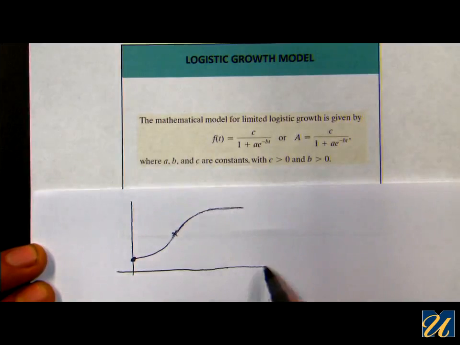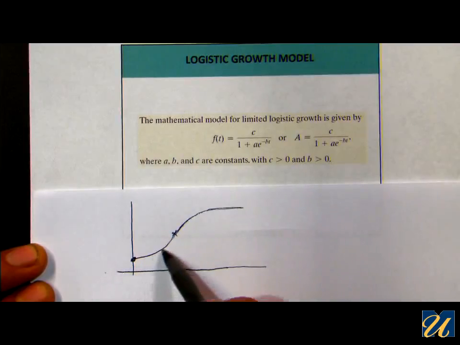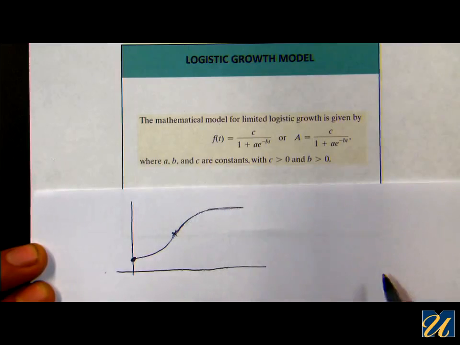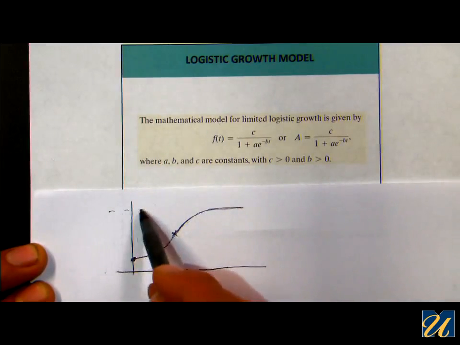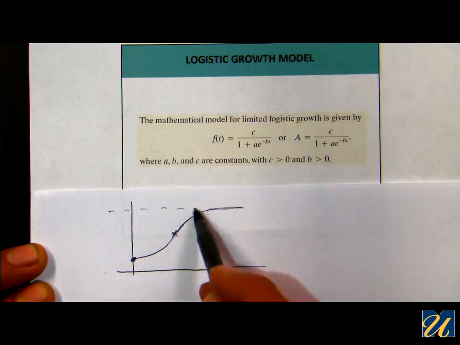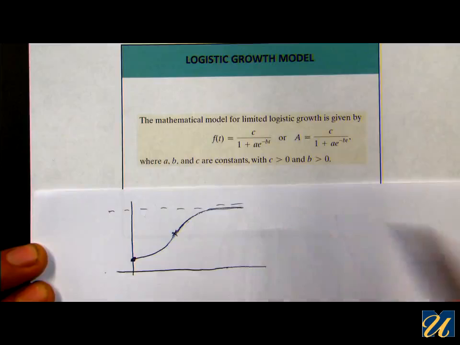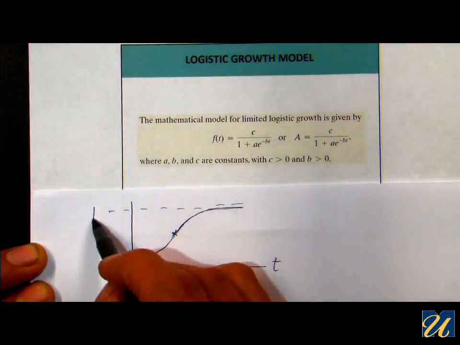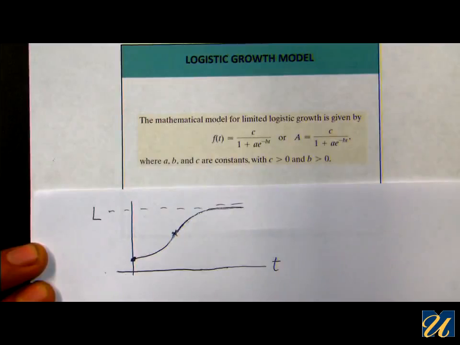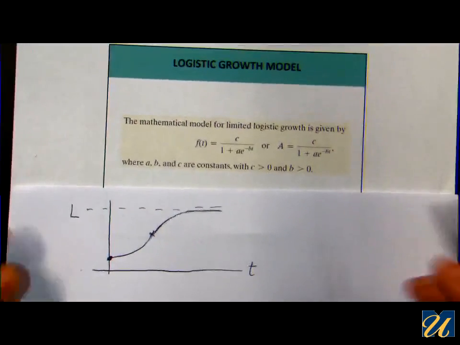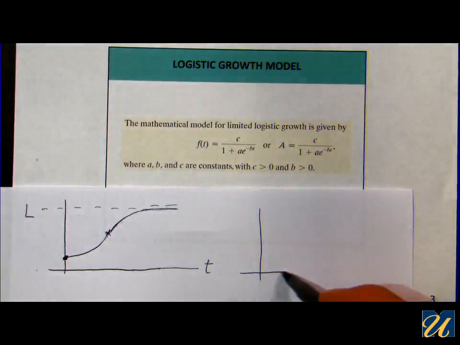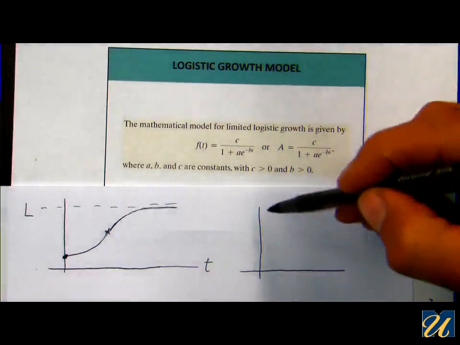So they have a period of rapid rise, followed by a period of much slower growth. And generally, this value here is called a limiting value. It's the value of the function after a significant amount of time, and usually that's designated as L, which is the limiting value.